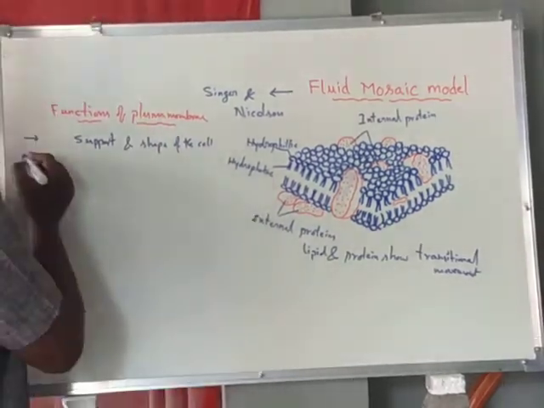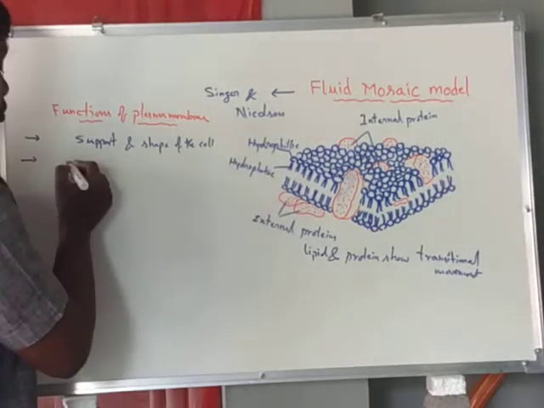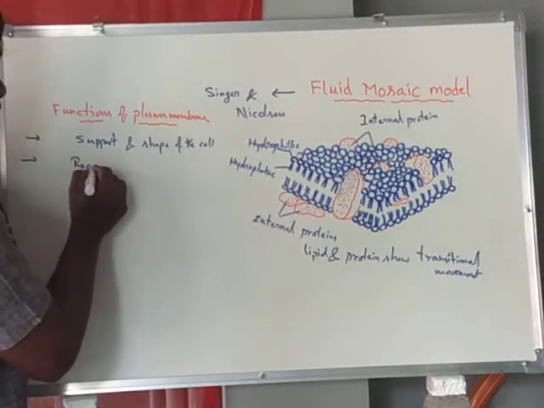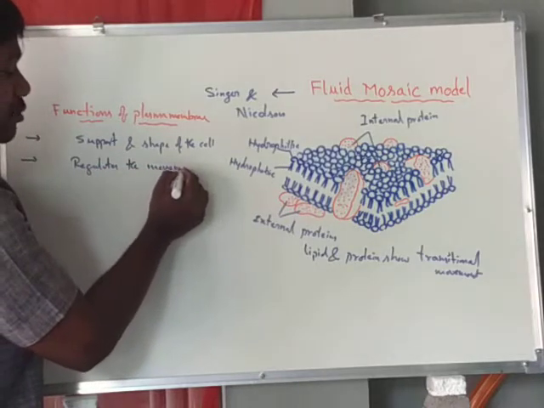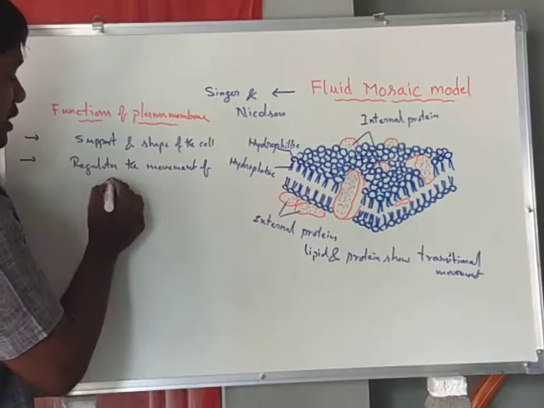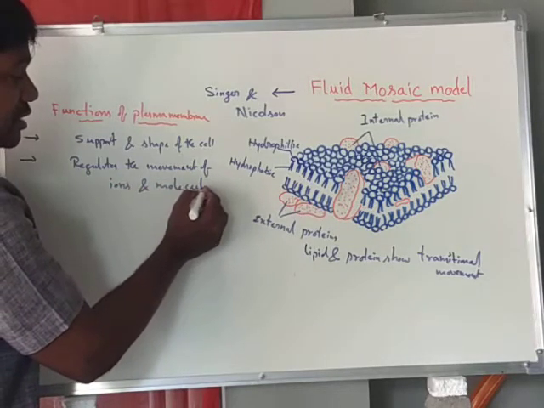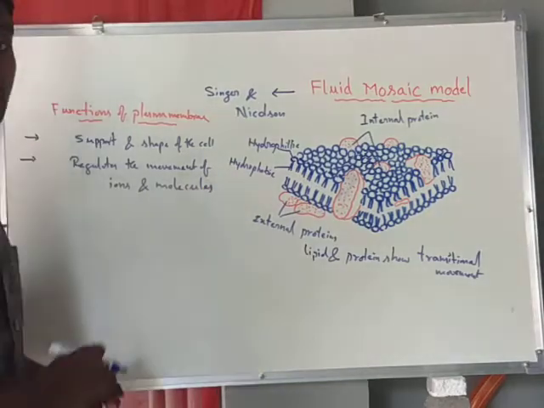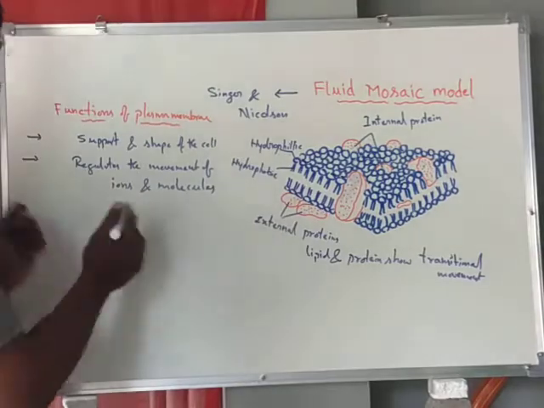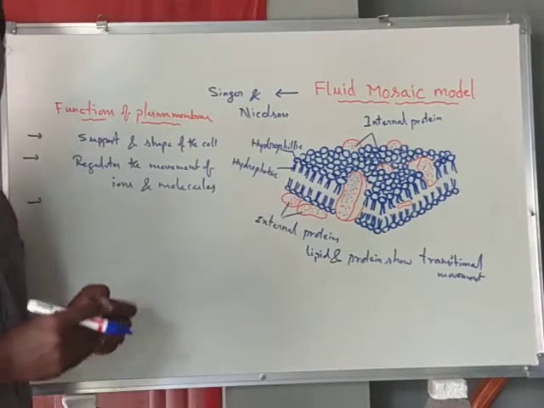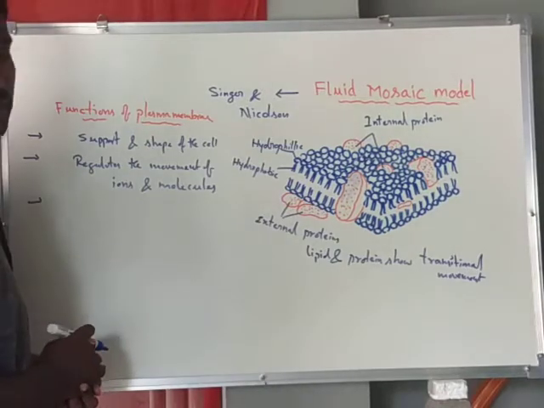The second is that it regulates the movement of ions and various molecules inside and outside of the cell. The third is that it acts as a selective and semi-permeable membrane.